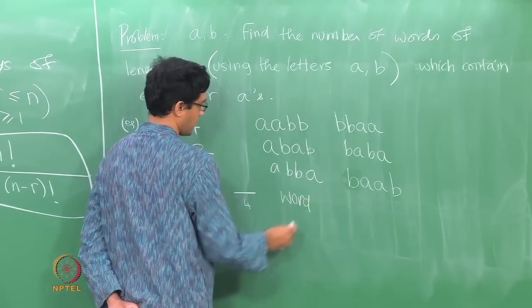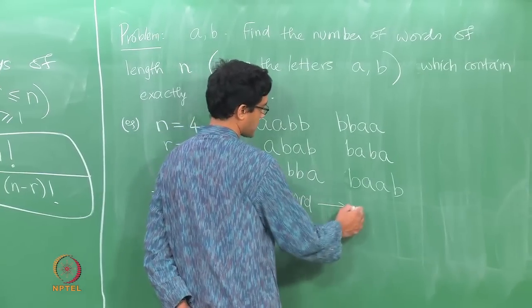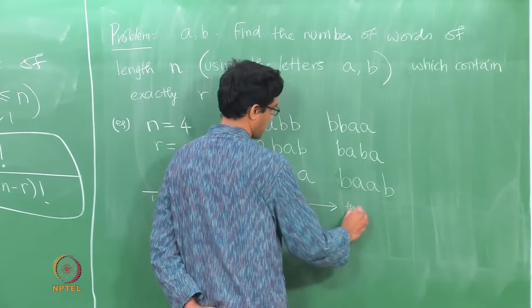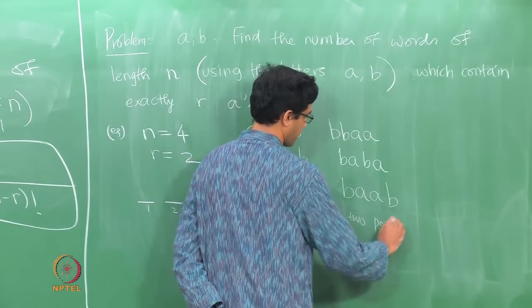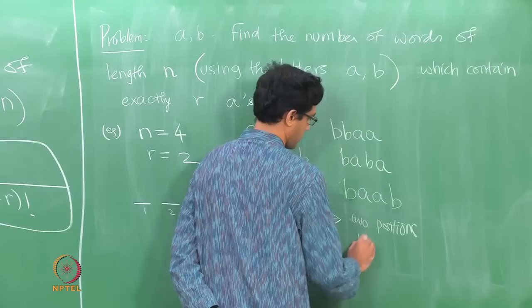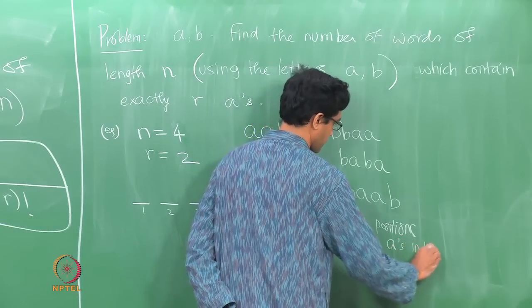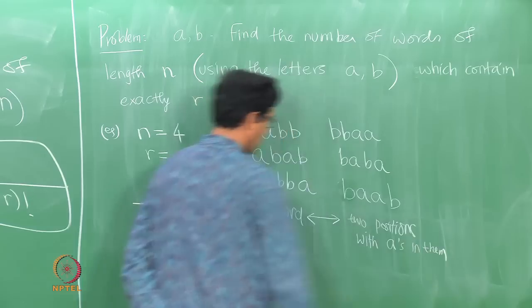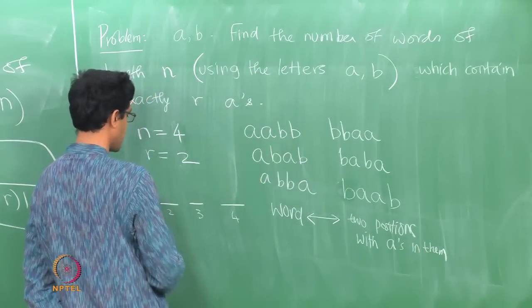So each word of this kind gives me the following piece of information. It tells me 2 positions, which is the same information as the 2 positions which have A's in them. So for instance, the word AABB has A's in positions 1 and 2.